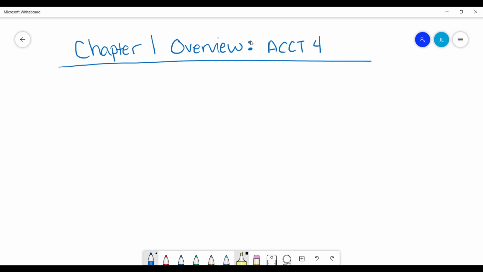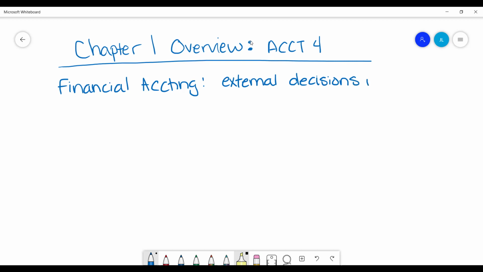But for us to get started, it's important to look at just briefly the difference between financial accounting and managerial accounting. So with financial accounting, remember with Accounting 2, if you took that with me, financial accounting was concerned with those external decision makers, right? Reporting information to these external decision makers. And it involved financial reporting, and we learned how to set up financial statements.